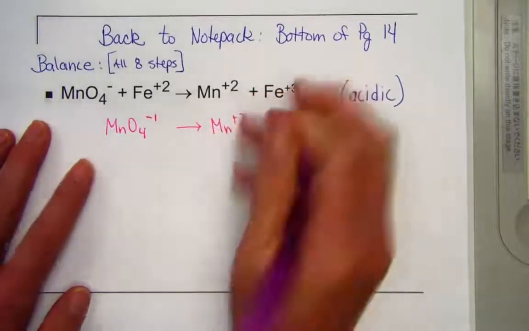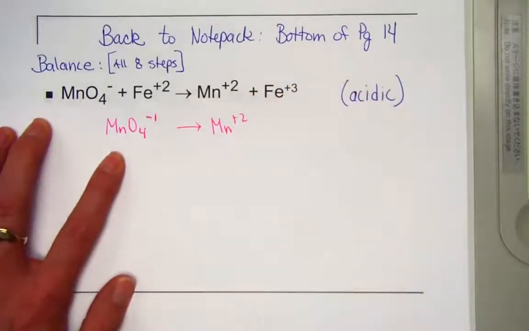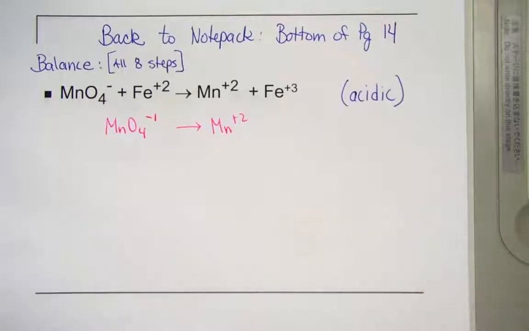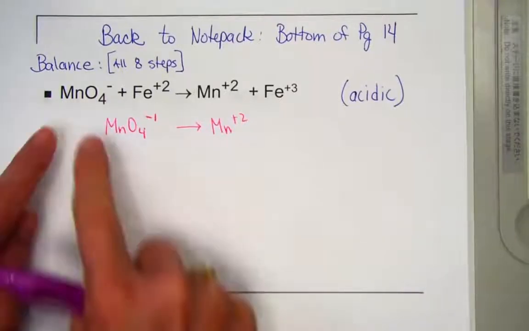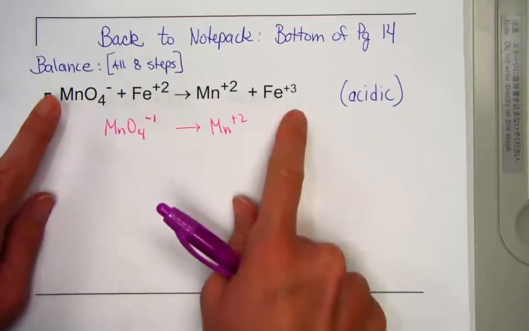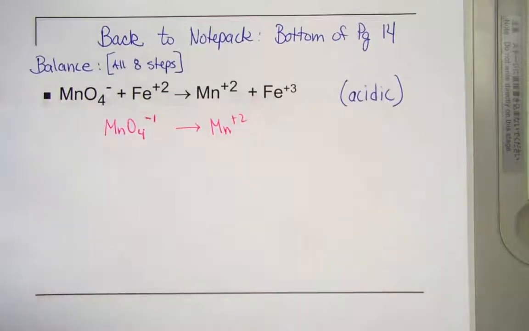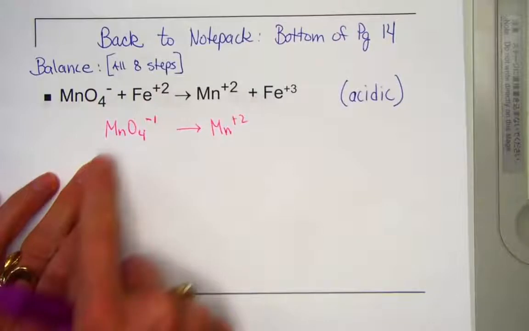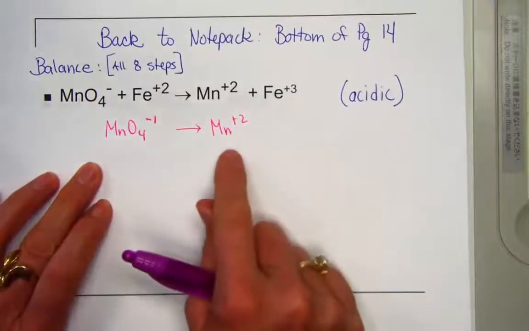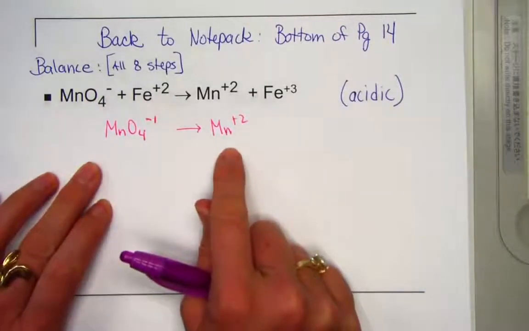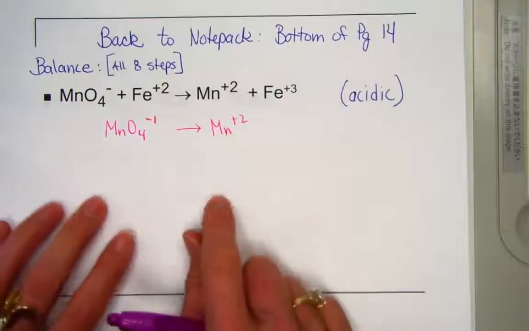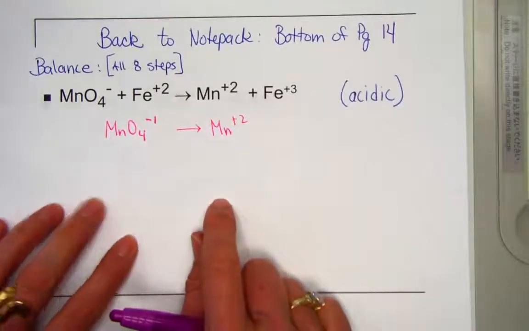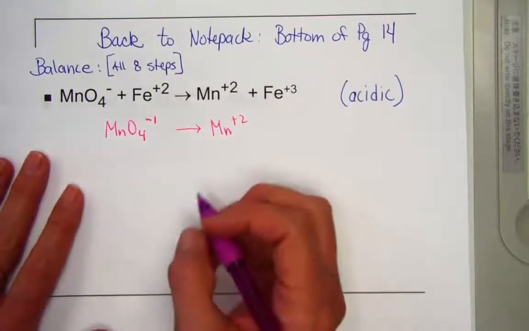In other words, those elements other than oxygens and hydrogens, I better account for them in the same half reaction. It would be impossible to balance an iron and a manganese in different halves. So in a first half reaction, we have permanganate, which is the name of MnO4 negative, forming its ion of Mn plus 2. Taylor, what would the second half reaction look like for this particular equation?